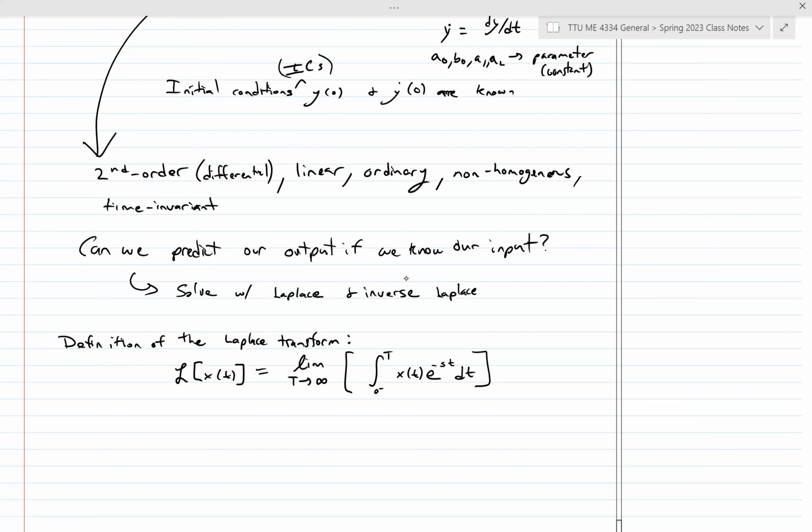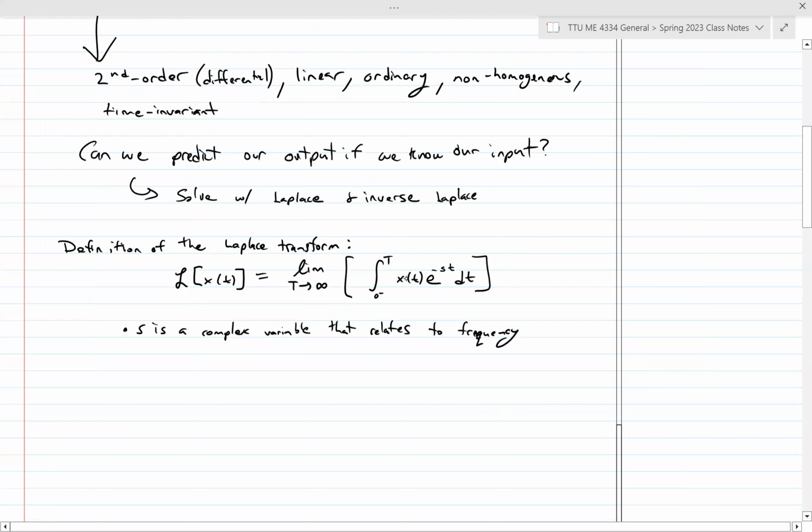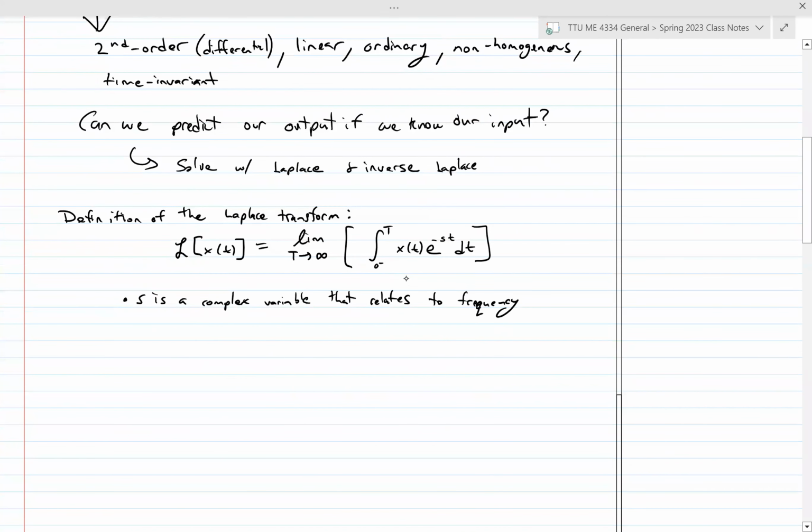So this is our definition for a Laplace transform, where s is a complex variable that relates to frequency. All right, so let's assume we have no initial conditions for the time being.